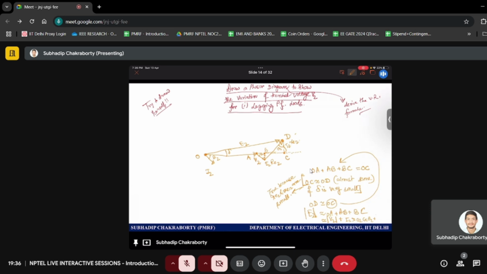So I can write it as I2 XE2 sine theta 2. So these are all lengths, right? So what is E2 minus V2? As per the definition of voltage regulation, it is nothing but I2 RE2 cos theta 2 plus I2 XE2 sine theta 2.